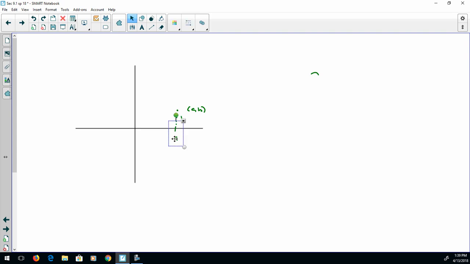Okay. Now, what does a 90-degree rotation around the origin do to this? It's going to be that far away.